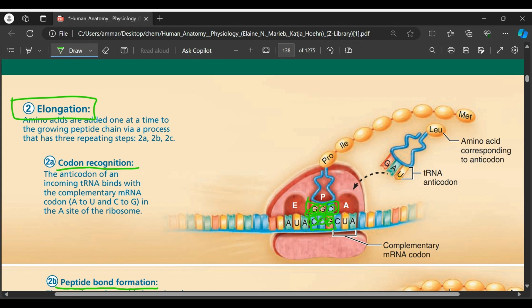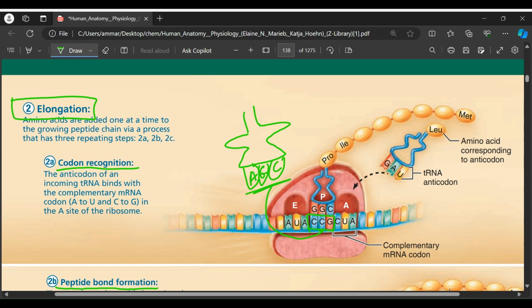So if we have this tRNA, for example, A and then G, C. Is this anticodon complementary to the CCG? No. And why? I'm not going to explain why here. It's a letter thing, okay?